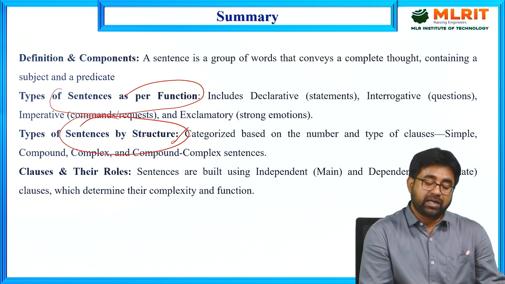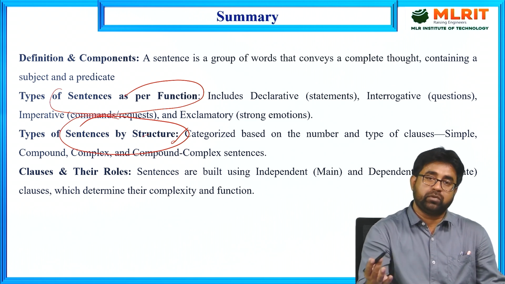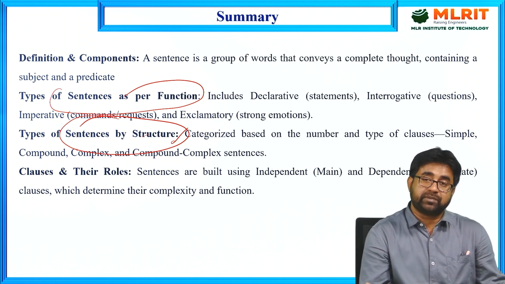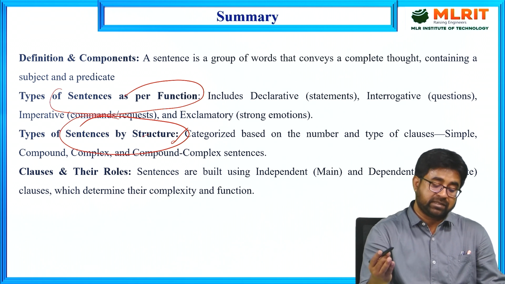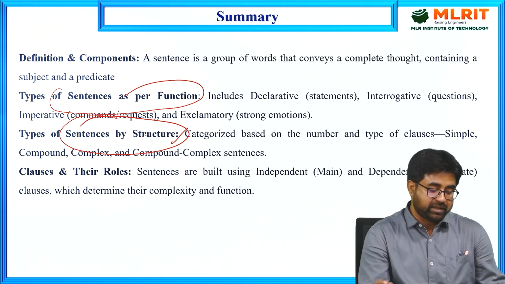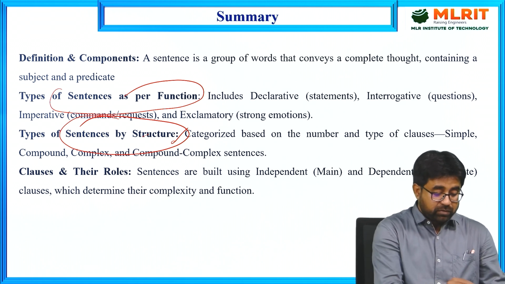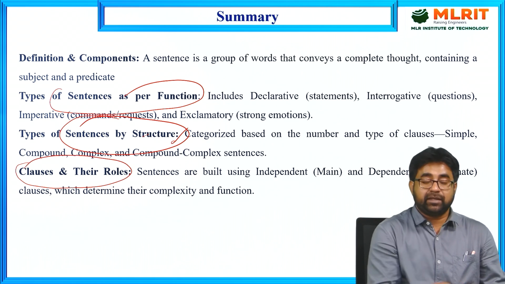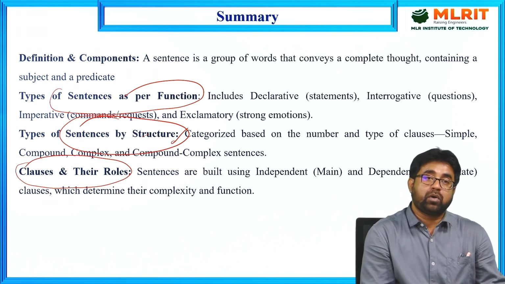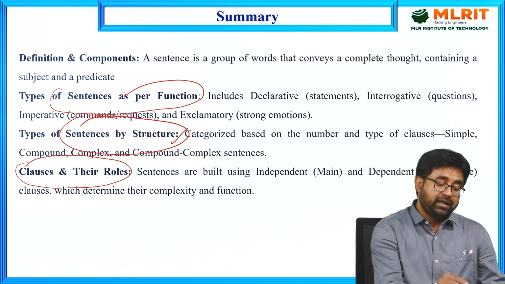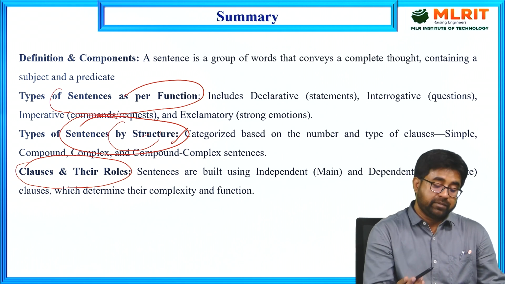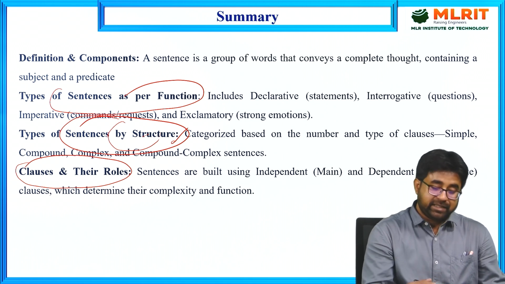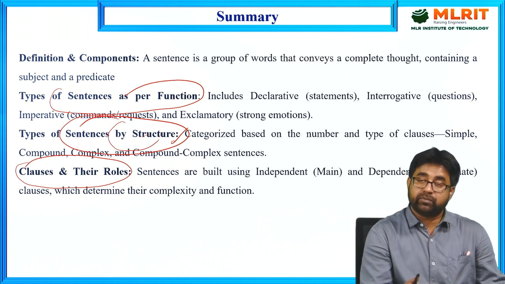According to the structure, there are 4 types of sentences: simple, compound, complex, and compound complex sentences. We also got to know about clauses and their roles, what a clause is and how a clause defines the nature of the sentence. So these are the basic takeaway points from today's lecture.